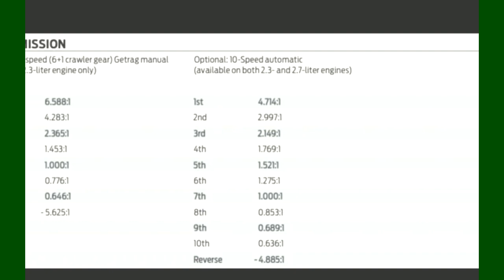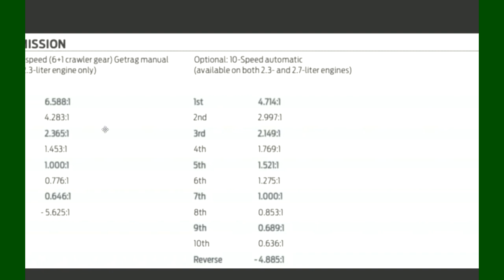This is a transmission. And this right here is the manual transmission. And as you can see, the crawler gear is 6.588 to 1. And you see that, of course, the automatic doesn't have anything like the crawler gear.